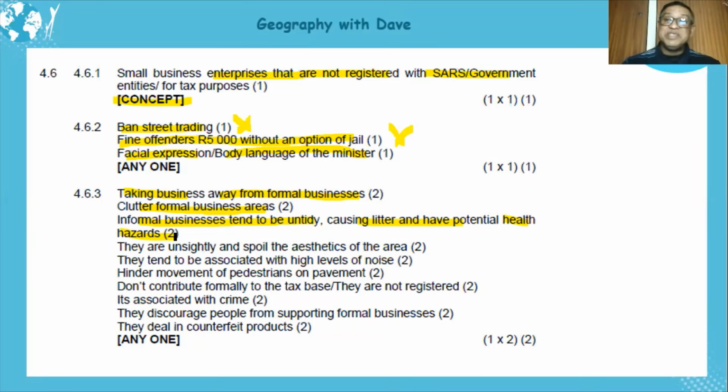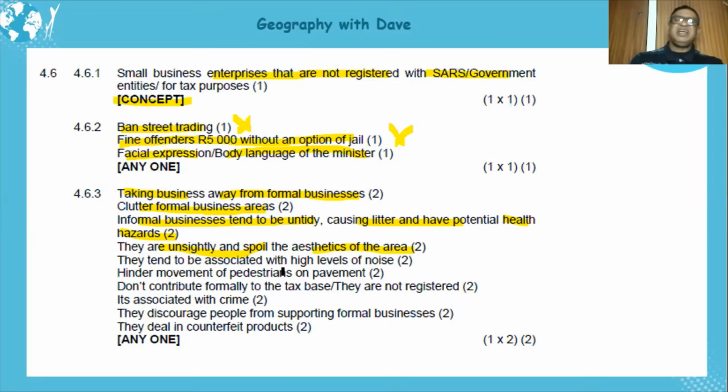They're unsightly and spoil the aesthetic appeal of the area. They're not always unsightly, but they can be unsightly also, where things are just spread around with no organization. Of course, the list is long: pollution, high noise, movement of pedestrians as indicated here on the pavement. All these things are negative, and the minister doesn't want that.